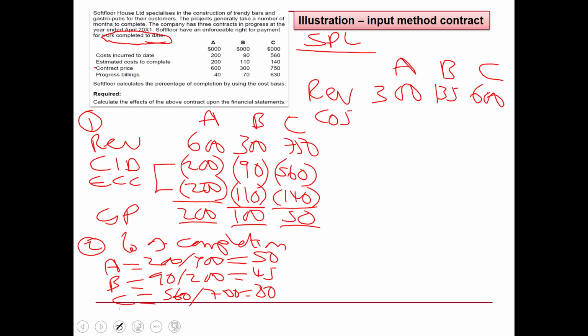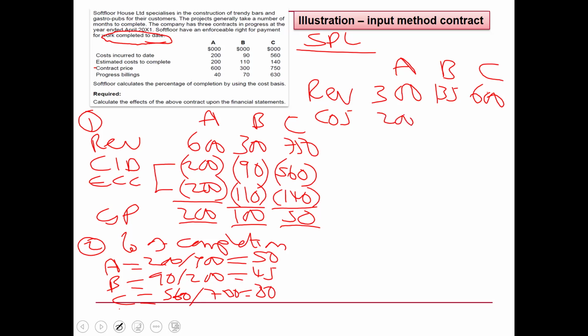So we'll then say the total cost we are estimating we incur for A is 200 plus 200, which is 400. 50% of it should be recognized as cost of sales in the current period, which means 50% of 400 gives us 200.